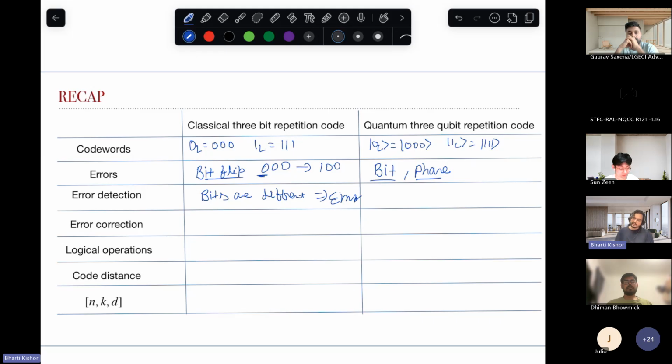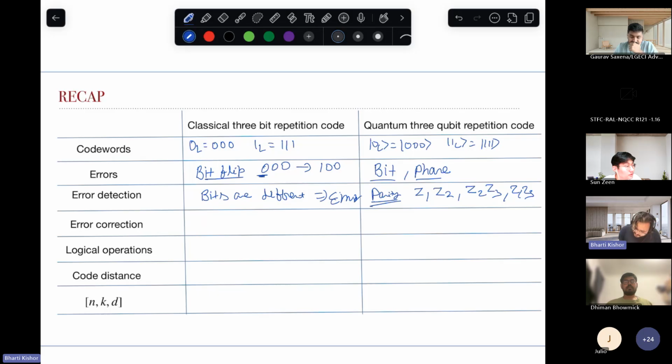For the quantum case, you cannot measure directly because measurement will disturb the quantum state. So what you do is measure parity, some symmetry. For example, we could measure Z1 Z2, Z2 Z3, and Z1 Z3, and that could tell us what the error was. So error detection in the quantum case was different.